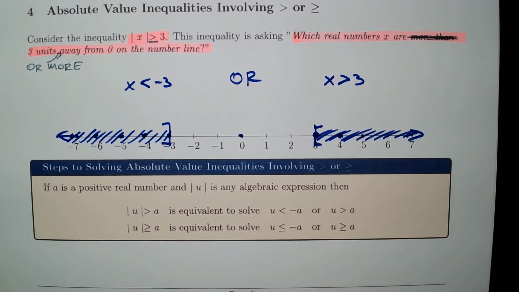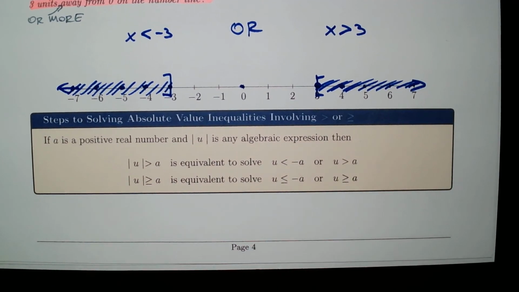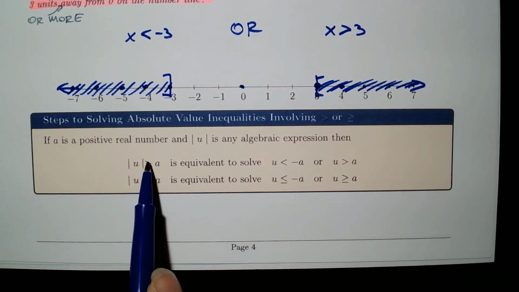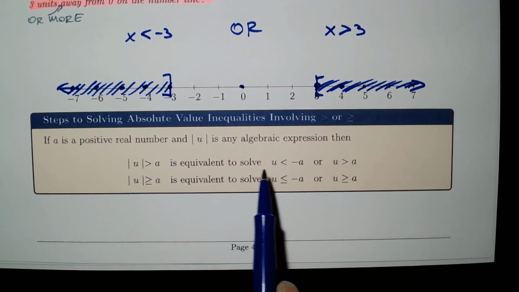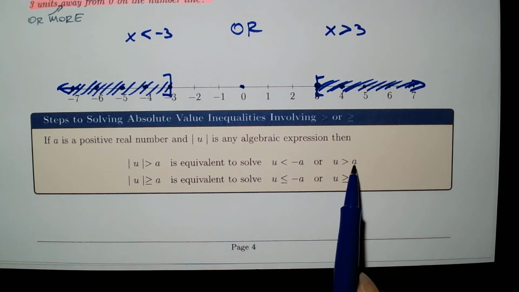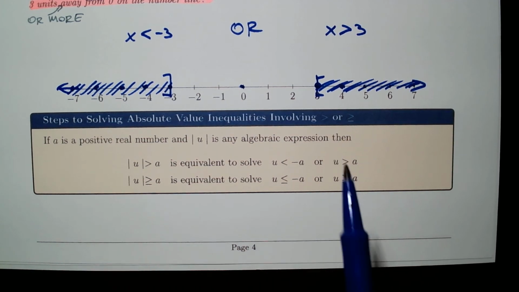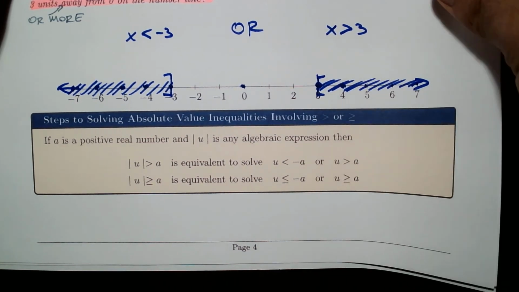Okay, and in a more formal fashion, we have it this way, in which we have some u, which represents any algebraic expression, greater than a number. It is equivalent to solving two baby inequalities. Okay, so let's look at a couple of examples rather.